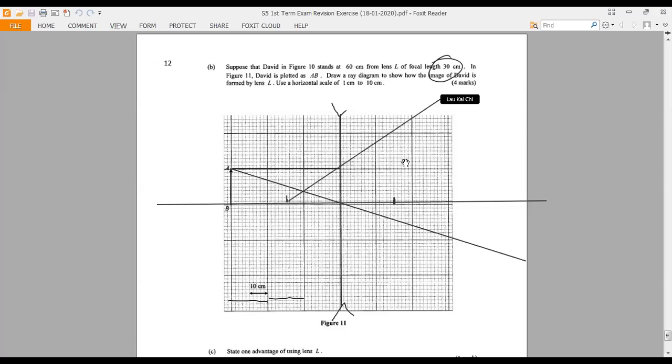Okay, but remember, behind the lens, you should use a dotted line. And the image should be somewhere here. Okay? This arrow is the image.